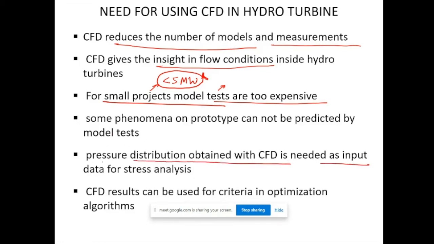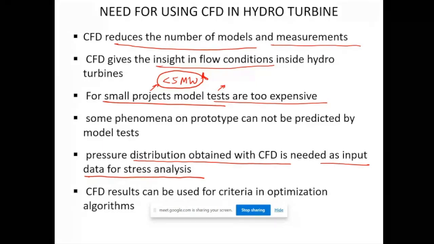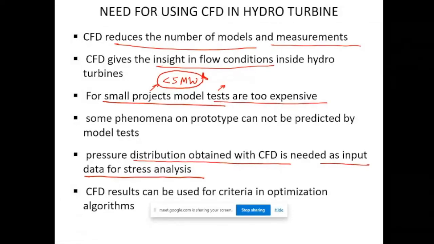Once we have sufficient information through CFD, we take those pressure distributions as an input condition for the stress analysis using the FSI, fluid structure interaction approach. Then only can you judge the stress profile. And then CFD results are also used for an optimization algorithm, which I will show you in the next slide.